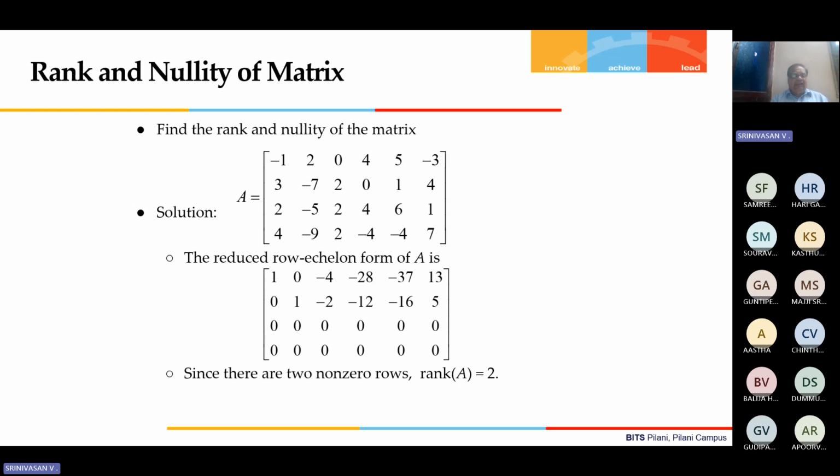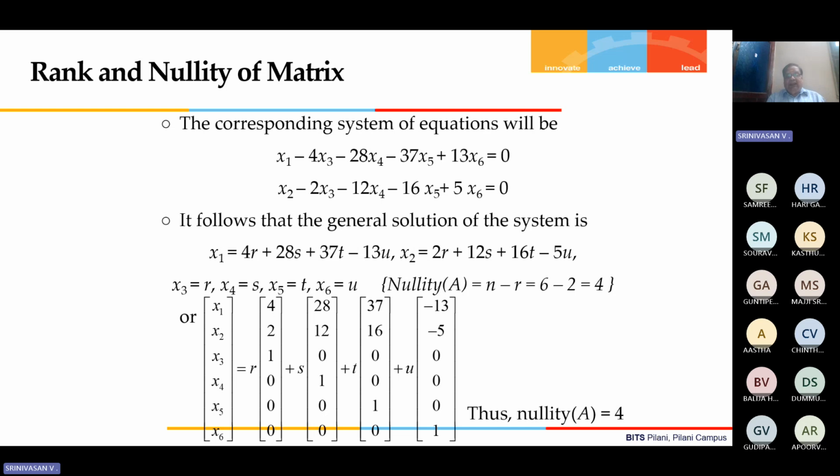Okay, what is nullity? To get nullity, you need to have the formula. Remember, nullity of a matrix is n minus r. Okay, r is 2. Well, very simple, we have found that. So what is n? What is n here? Just see, that is important.